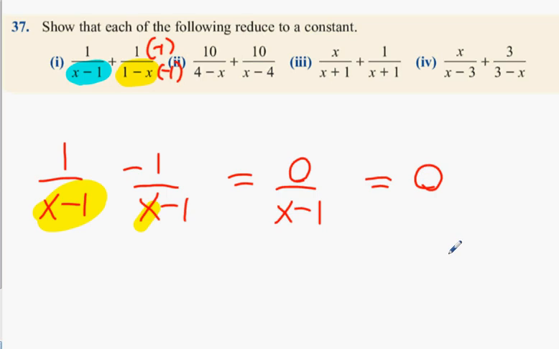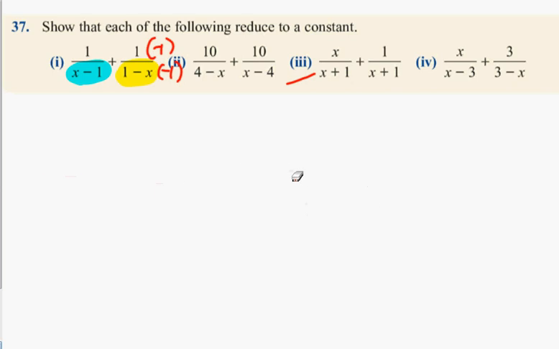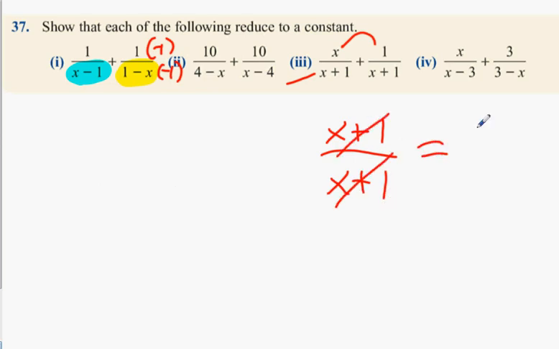Do you want me to do number 3? 3 is easy. Why is 3 very easy? Do they have the same denominator? Yeah. So what does that mean? Over? Yeah.